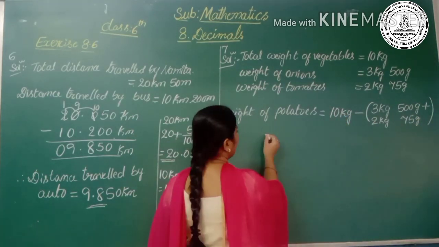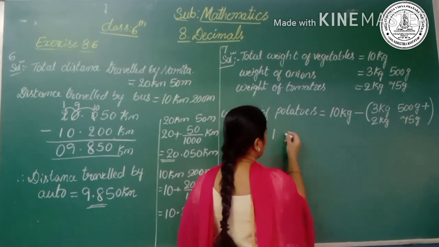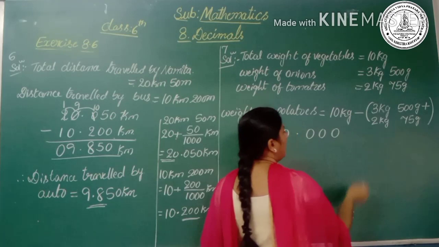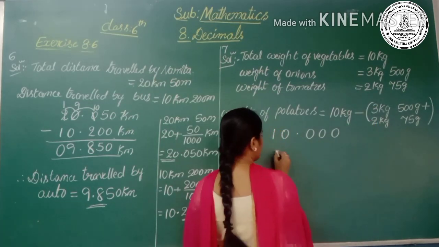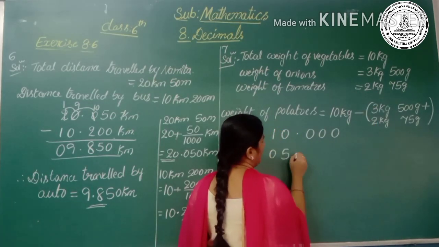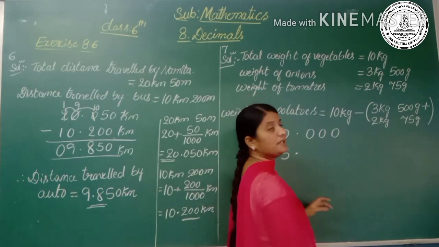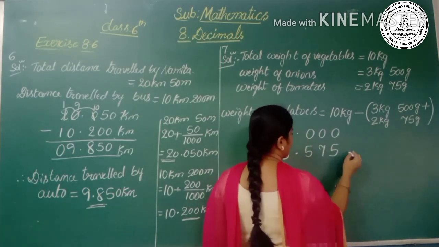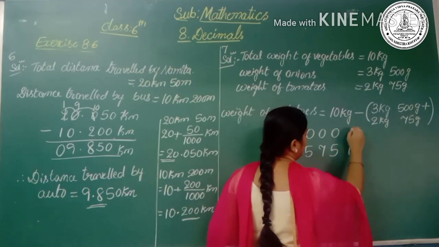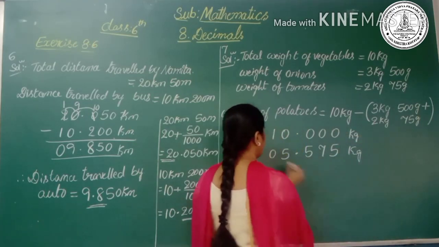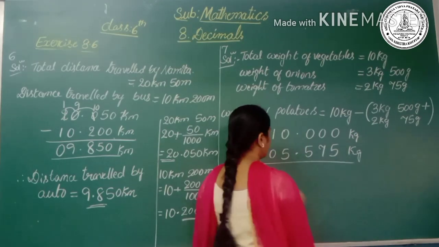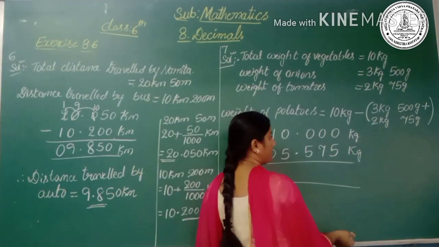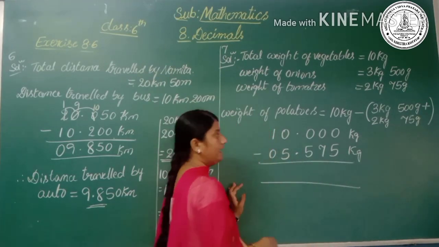Then subtract here from 10 kg. 10 kg can be written as 10.000, and add these two: 5 plus 3 plus 2, 5.575 kg. Now it is in kg. Now subtract here. 0 minus 5, we cannot subtract, take borrow from the next place.